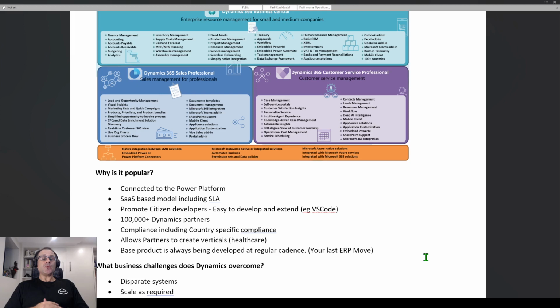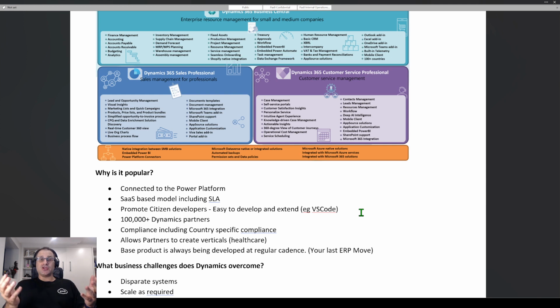So I mentioned before, promote citizen developers. Think of a citizen developer a bit like, if you've been in the business a while, our initial understanding of Excel, for example, which grew over time as we got better at using it. We got better at VBA scripts and the like. Well, Microsoft have done a similar thing with its citizen development program by giving us programs and code to help develop our skill set.